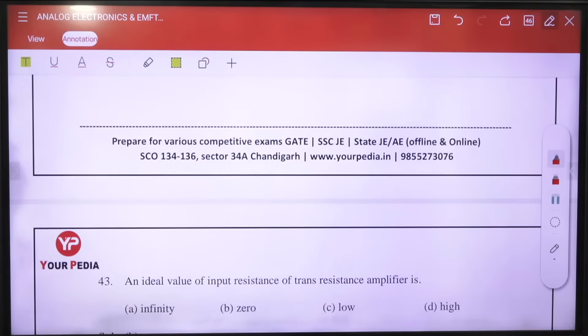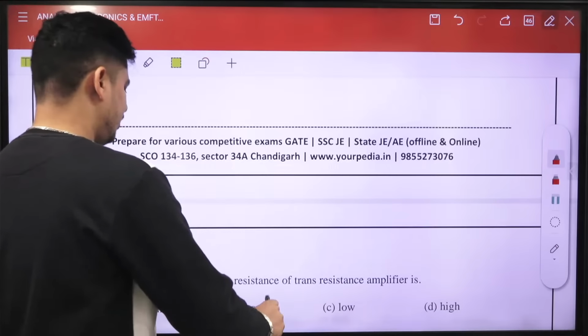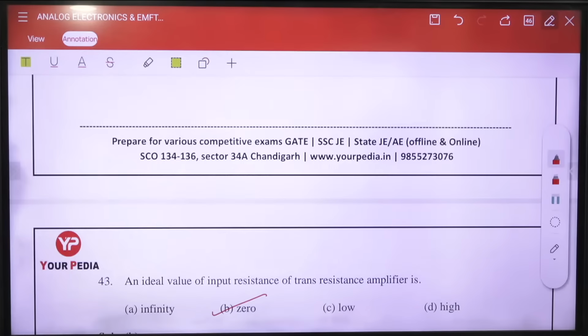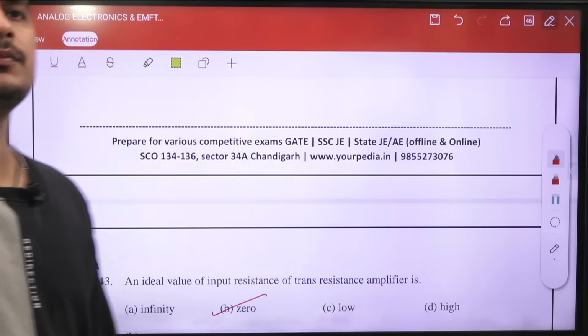Answer is B. Whenever you go for a transresistance amplifier, its input impedance is 0 and its output impedance is infinity.